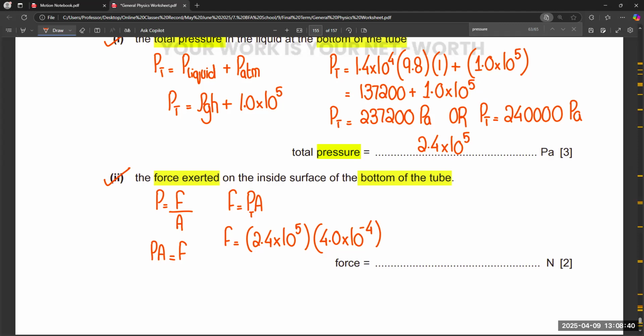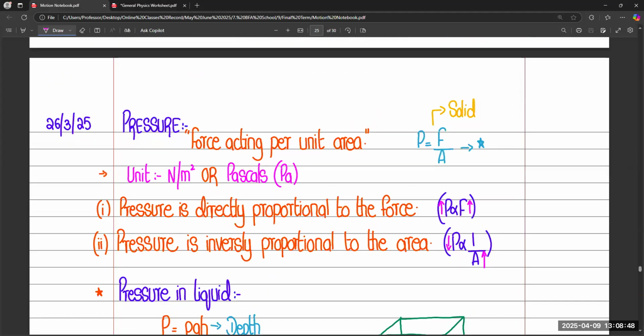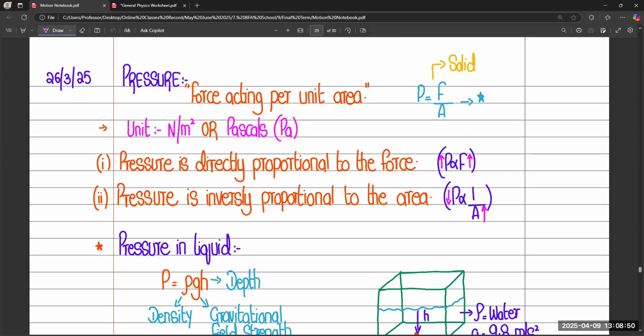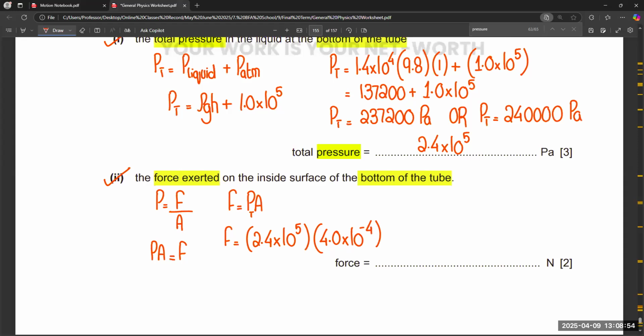The F and A stand for? F represents force, A represents area. This is the basic formula for pressure in solids, force upon area. So calculate the force and let me know what answer you are getting from the calculator after calculation.